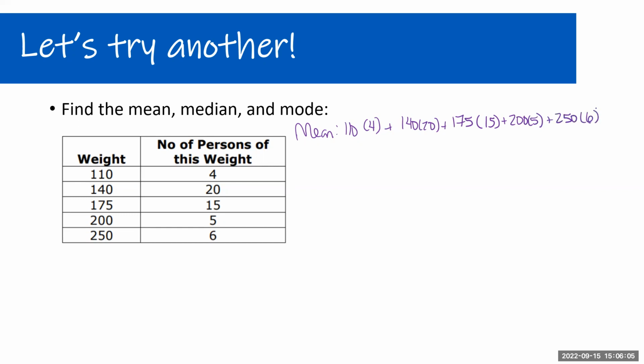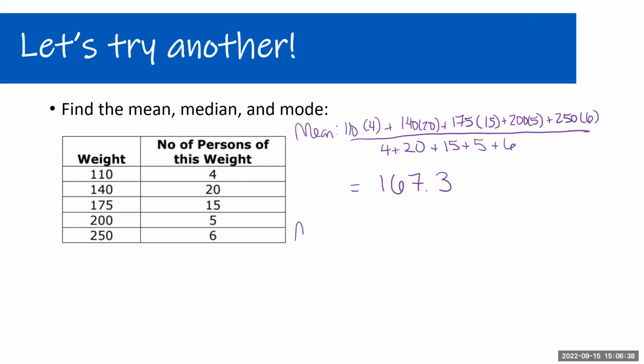That's going to be our sum of the products. And then we need to divide it by 4 plus 20 plus 15 plus 5 plus 6. And so that bottom is going to be 50. If we type this in our calculator very carefully, we're going to get 167.3. That's our mean.